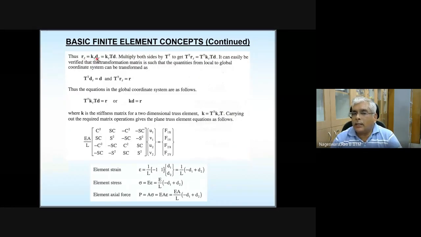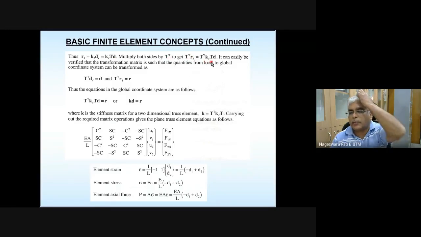RL is equal to KL times DL, and DL is T times D. Multiplying on both sides with T transpose, T transpose RL is going to be R, the global load vector, which is equal to T transpose KL T times the global displacement vector. Whatever explanation I gave, it is given here.